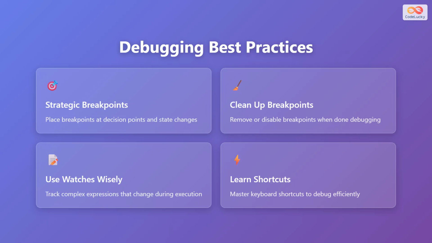Watches are perfect for tracking complex expressions that change during execution, but too many watches can clutter your debugging interface. Finally, learn the keyboard shortcuts. Mastering shortcuts like F7, F8, and Alt plus F8 will make you significantly faster and more efficient at debugging. With these skills and practices, you're now equipped to debug Kotlin code effectively using IntelliJ IDEA's powerful debugging tools.